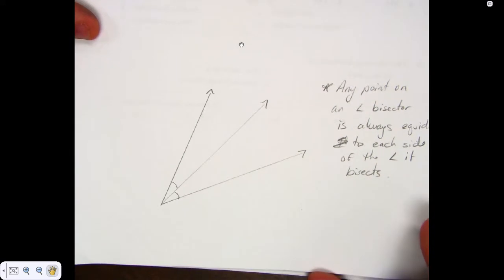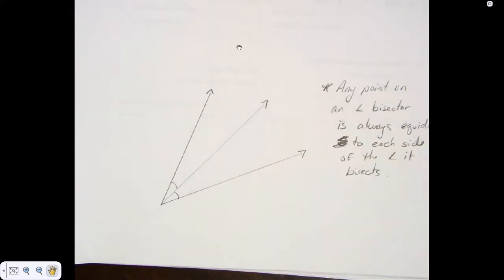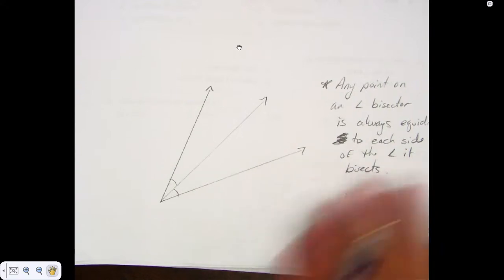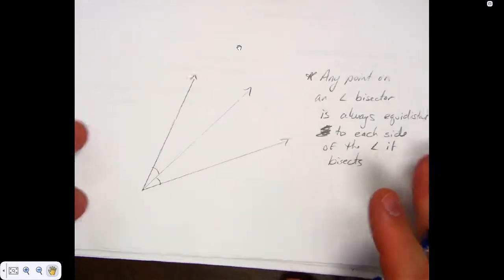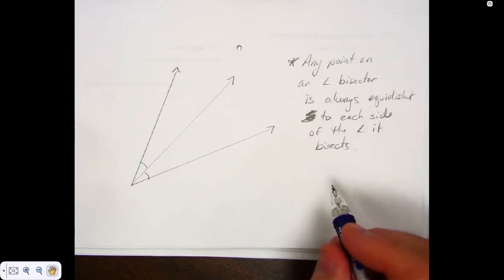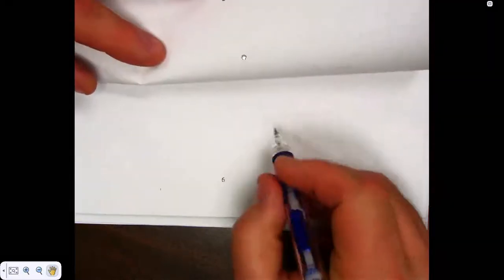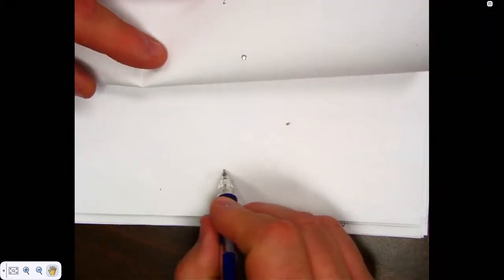Now, before we talk about this, I need to remind you guys, and we have talked about this before. Don't write this down. How do I find the distance from a point to a line?